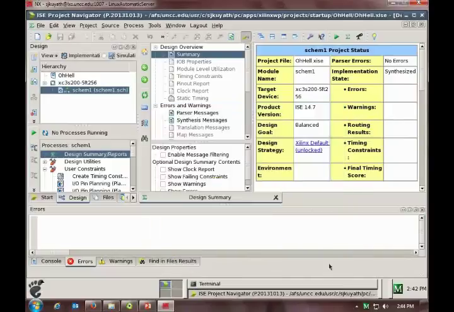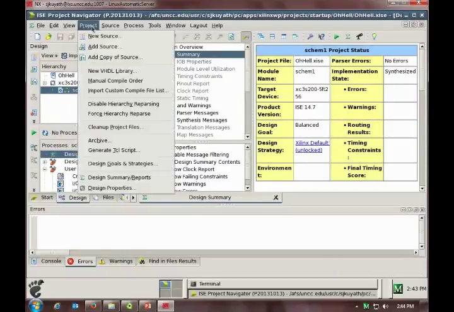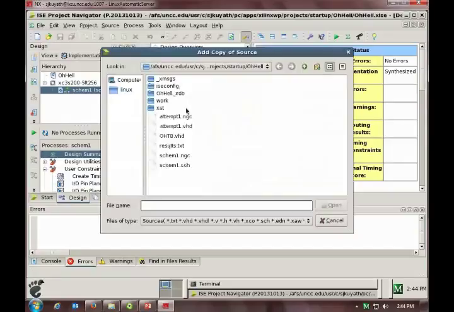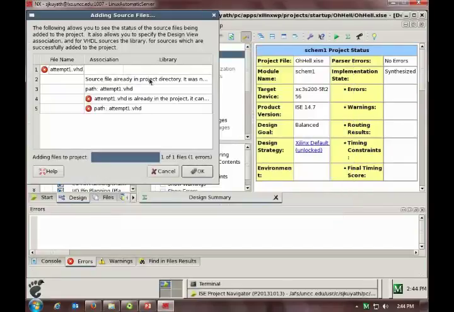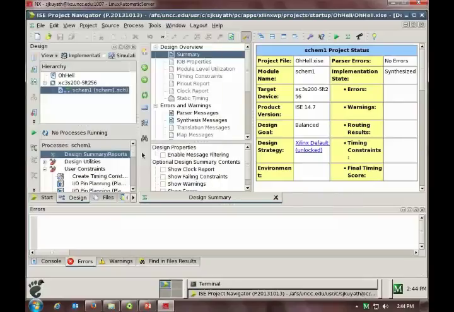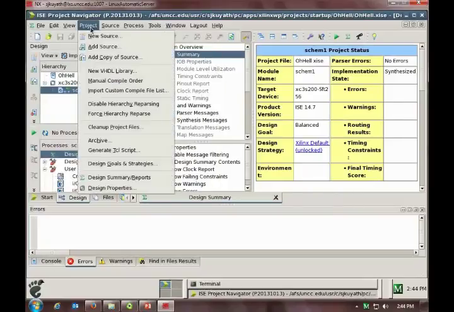And it won't let me add it. Project. Try add copy of it. It still doesn't let me do it.